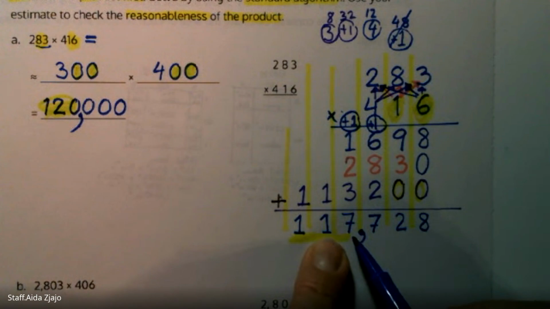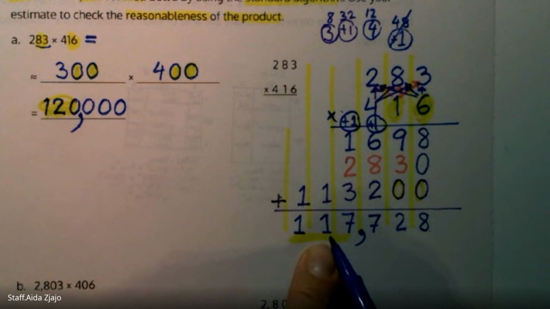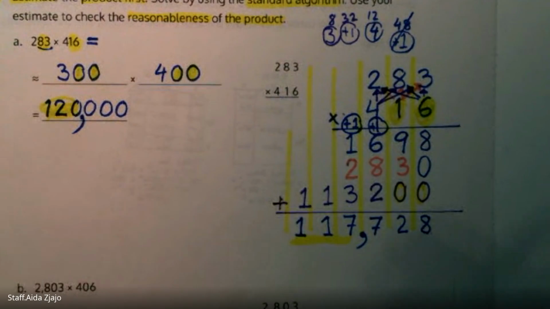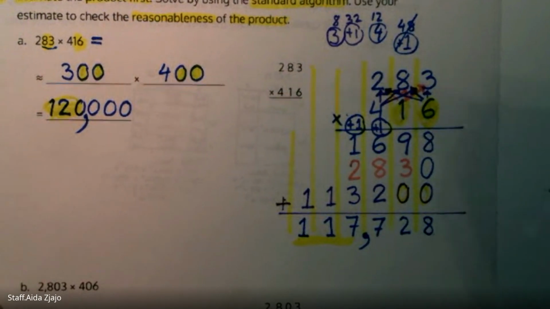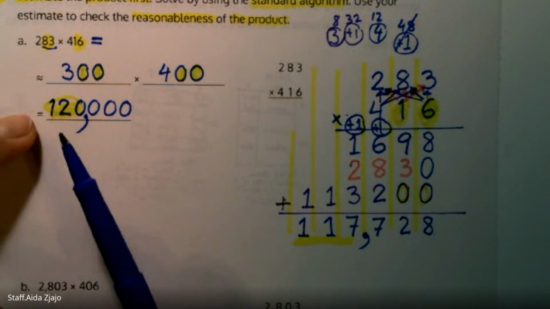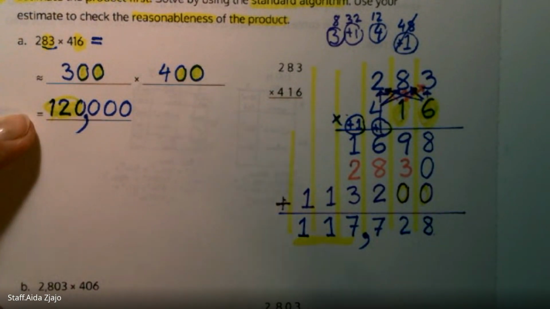So 7,728 will make me one more 10,000, so it will be 120,000. So my estimate was reasonable, and if you needed to choose the correct answer and you weren't doing the correct calculation, you still, with your estimate, could pick the correct answer.